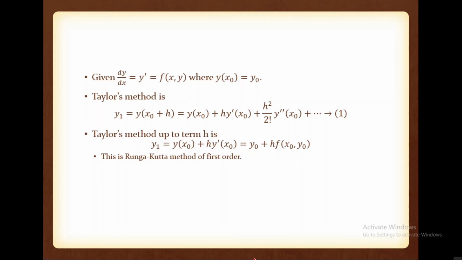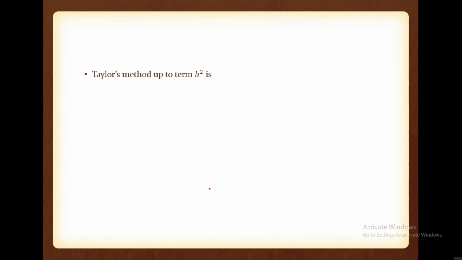Okay, 1 minute. Taylor's method up to the h square term is y1 is equal to y of x0 plus h into y dash of x0 plus h square by 2 factorial into y double dash of x0. What is this term? This y dash of x0 is f of x0 comma y0. What is y double dash of x?